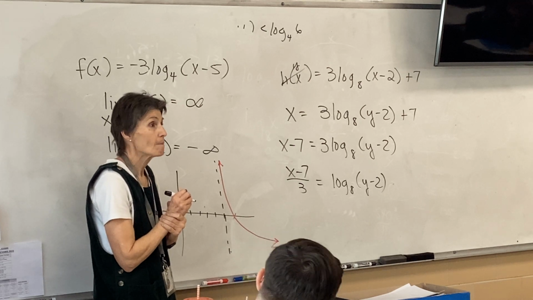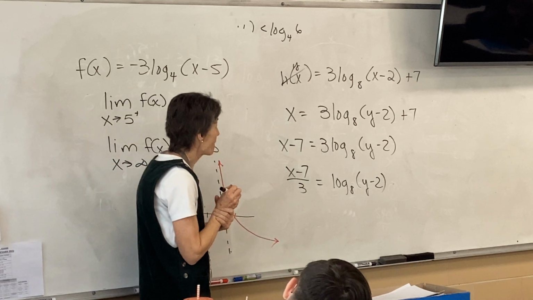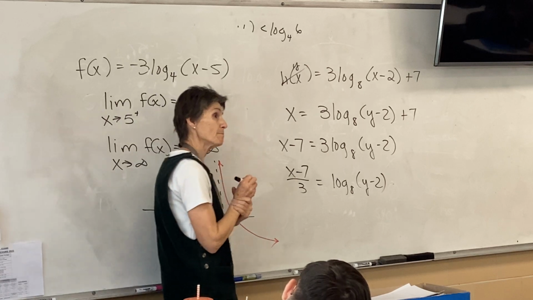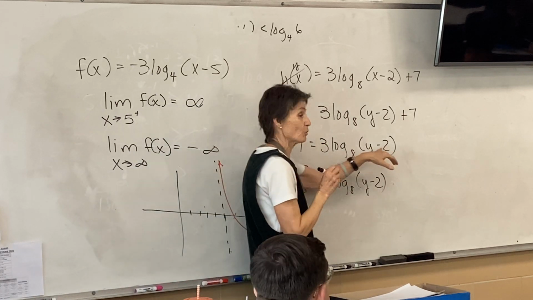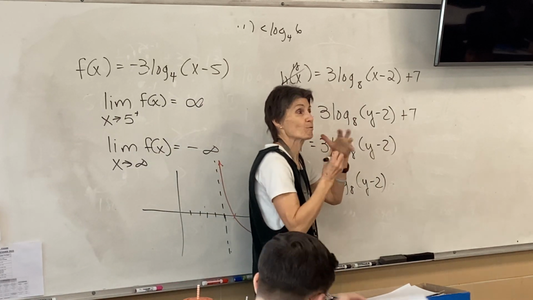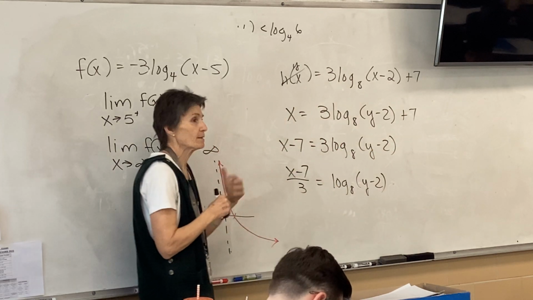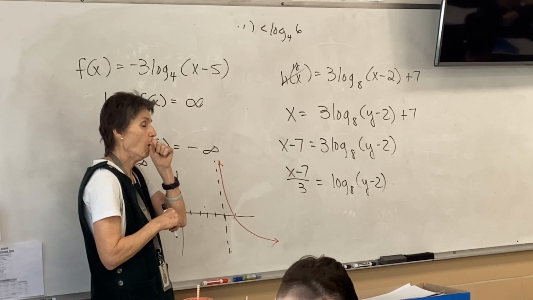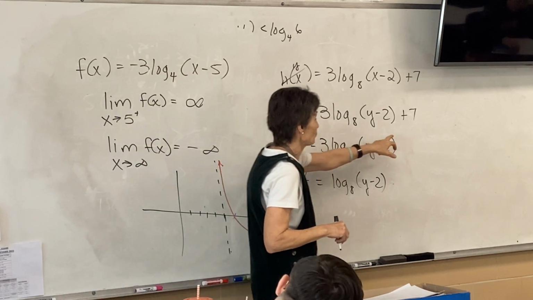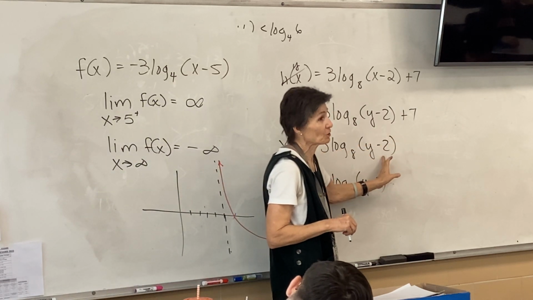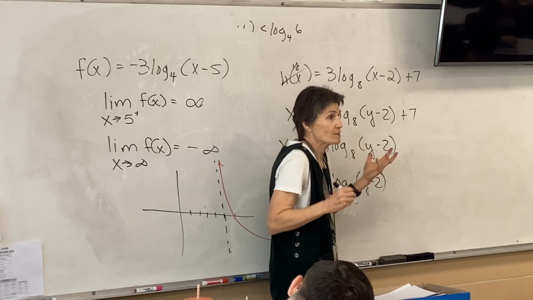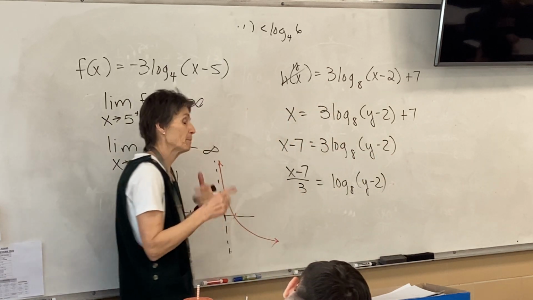Why don't we move the 3 to become an exponent on the end of the y minus 2? You can, but then ultimately you're going to have to be cube rooting it, which is raising it to the 1/3 power. So it's easier just to divide it by 3 right away. Remember, you put a 3 there, you're solving for y, you're going to have to keep rooting. So I'd rather just not. But you'd end up at the same spot.